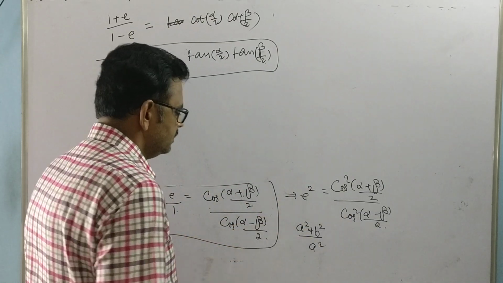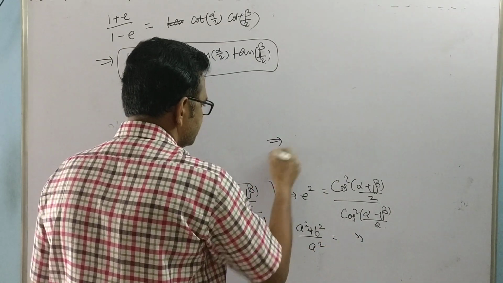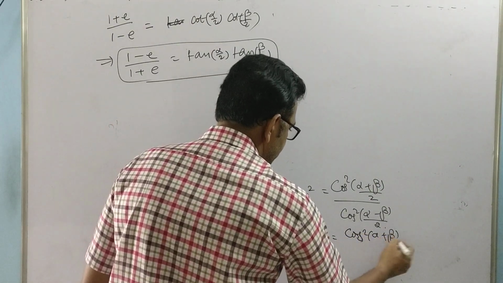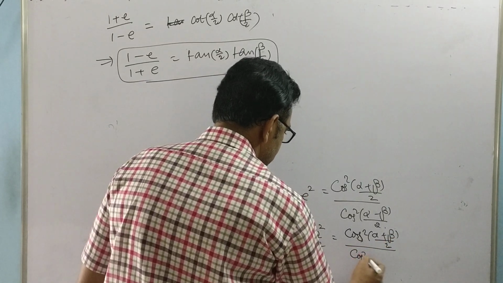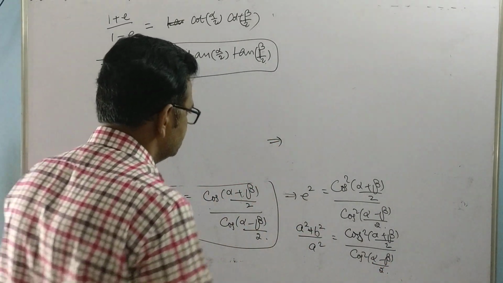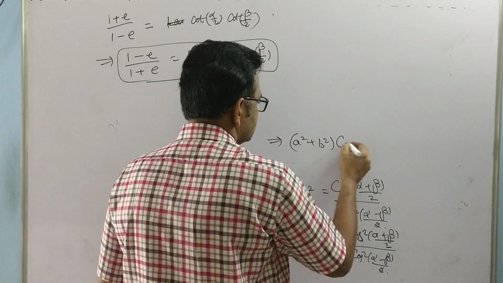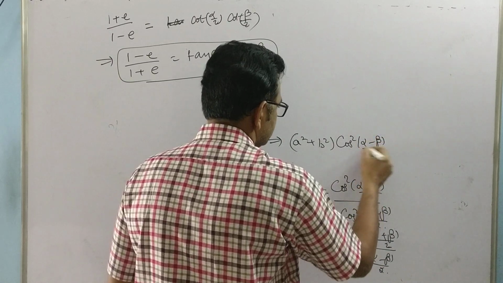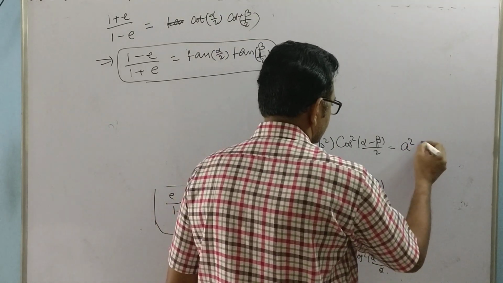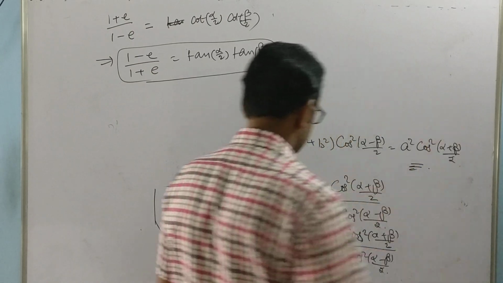So by cross multiplication, A square plus B square into cos square alpha minus beta by 2 is equal to A square into cos square alpha plus beta by 2.